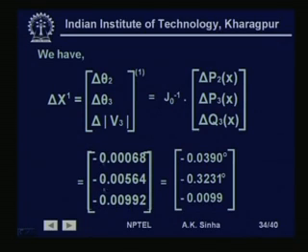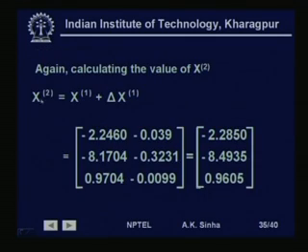When we convert these two values which are in radians into degrees, it comes out to be minus 0.0390 degrees, minus 0.3231 degrees, and the change in voltage will be minus 0.0099 per unit. So, again we can get the updated value at the second iteration as the value at the first iteration plus the change computed after the first iteration.